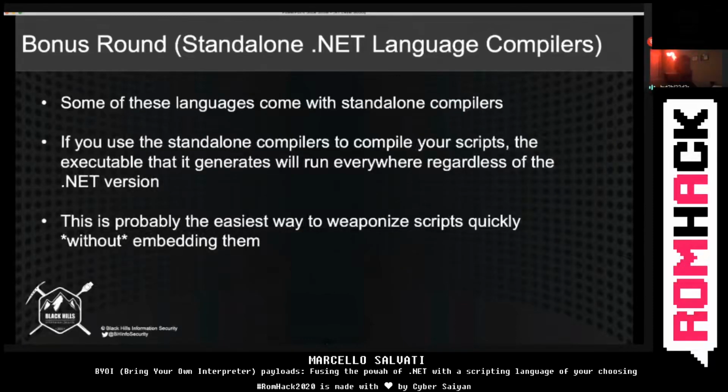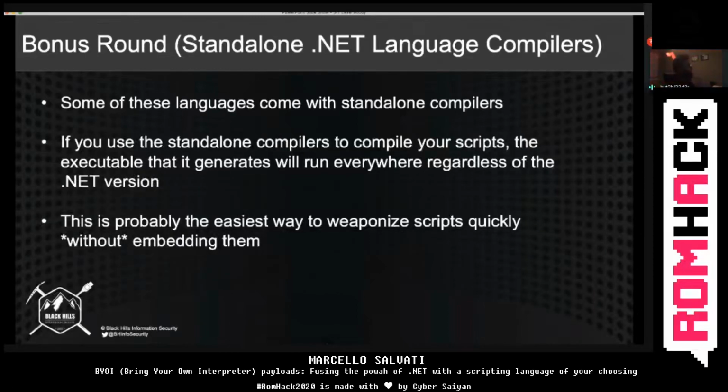So say you're like, Marcello, I don't want to deal with any of this embedding stuff because it's too complicated. That's fine. You can totally take those Boolang scripts that I just showed you, compile them to an executable, and run them on Windows.